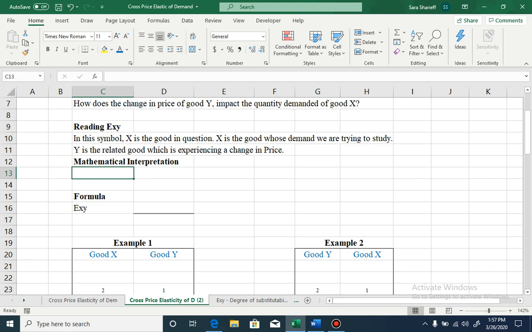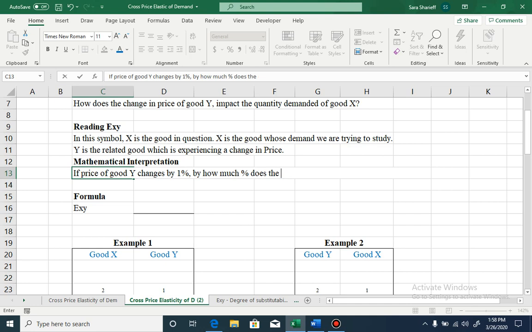Let me write this down as well. If price of good Y changes by 1%, by how much percent does the quantity demanded of good X change?